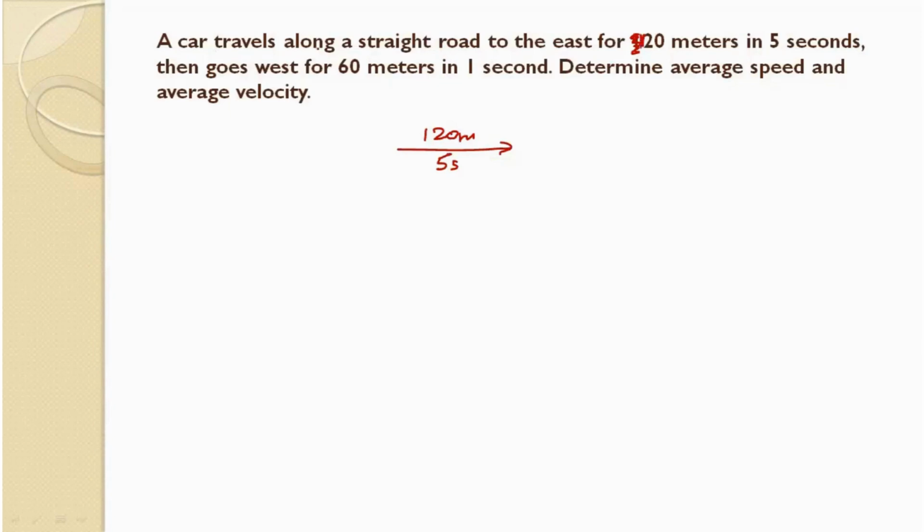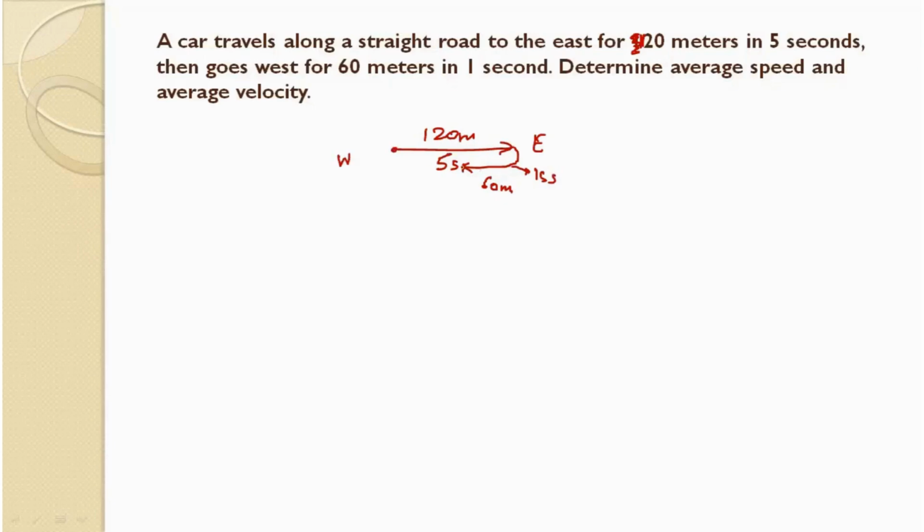Okay, so a car travels along a straight road to the east for 120 meters in 5 seconds, then it goes towards west. So first it is traveling towards east, and then it turns back and travels 60 meters in 1 second. So this distance is covered in 1 second towards west.